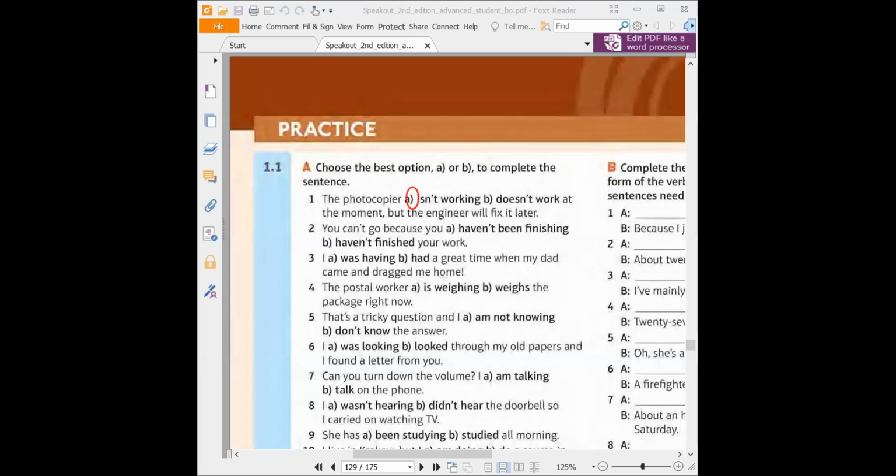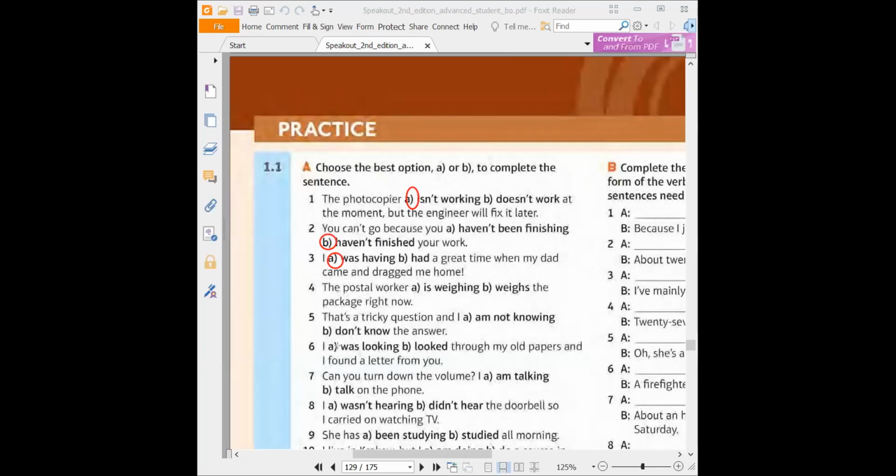Next one: you can't go because you haven't been finishing or haven't finished your work. Haven't finished. B, haven't finished. That's correct. I was having a great time, or I had a great time, when my dad came and dragged me home. A, I was having. Yes, thank you.